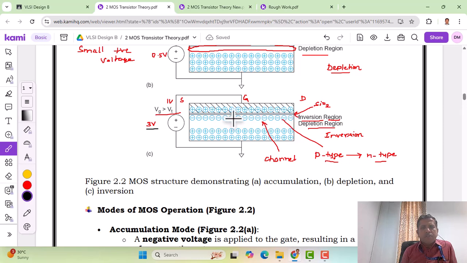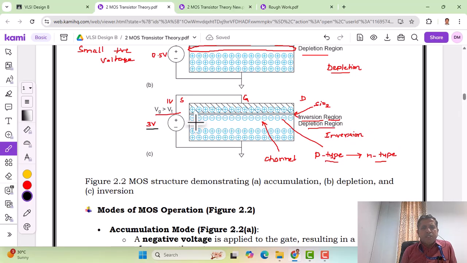The reason it is called an inversion layer is that the complete body was p-type, and the voltage applied to the gate has converted the region below the silicon dioxide from p-type to n-type. This conversion from p-type to n-type is why the region is called the inversion layer.